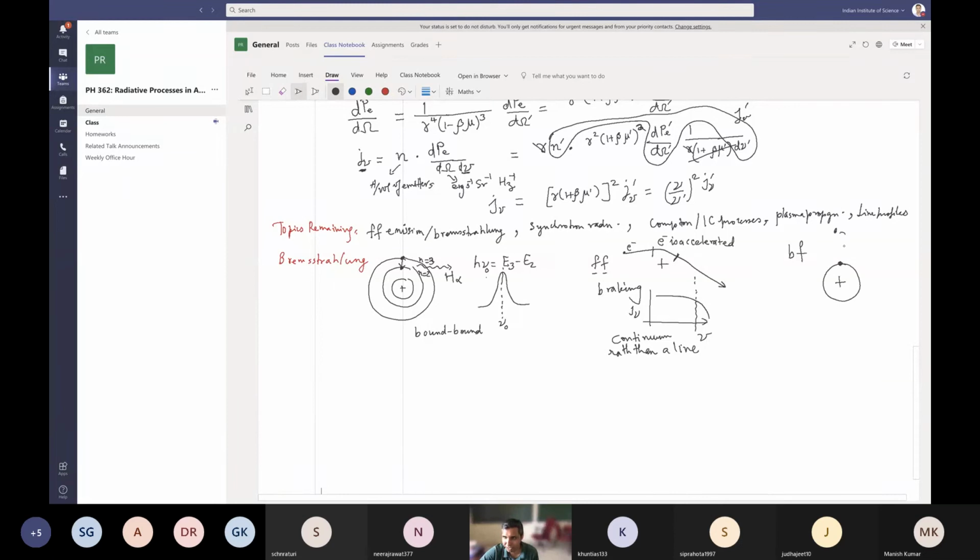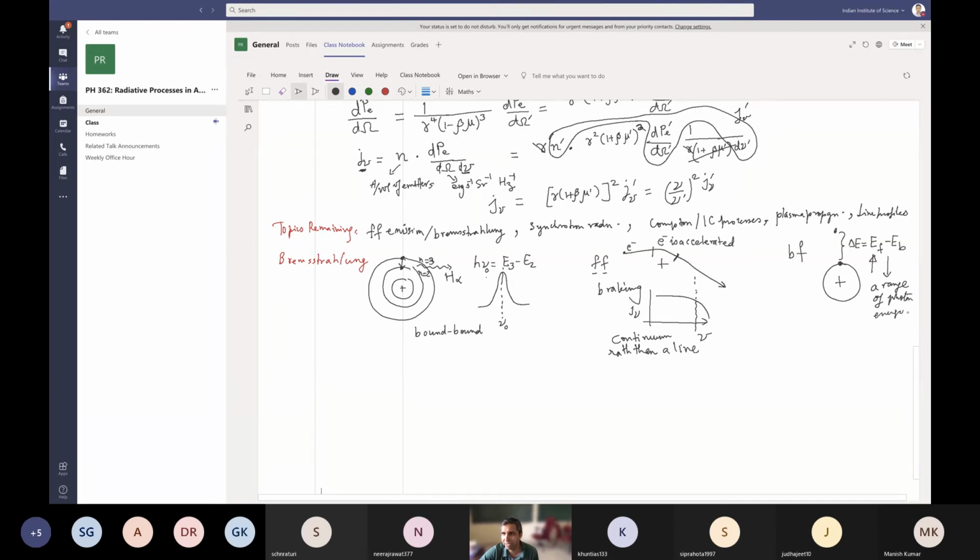After, it's this, and this energy jump corresponds to E free minus E bound, and this will also be a continuum because electron can have any free energy. Its initial condition is not in a particular orbit. So this will also give a range of photon energy.